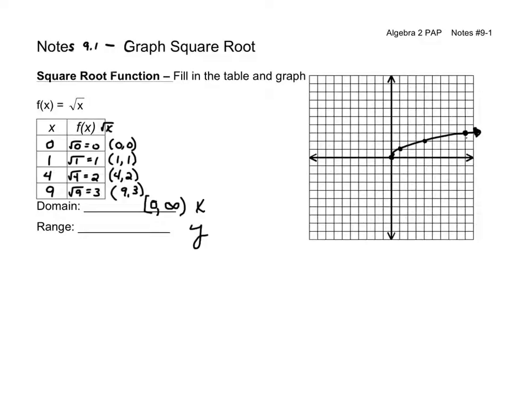And the range also starts at 0 and goes to infinity. Now this domain and range can change as this basic graph is translated or shifted up, down, left, or right, or it can be reflected over the x-axis, or the y-axis, excuse me. And we'll do that in the next few slides.